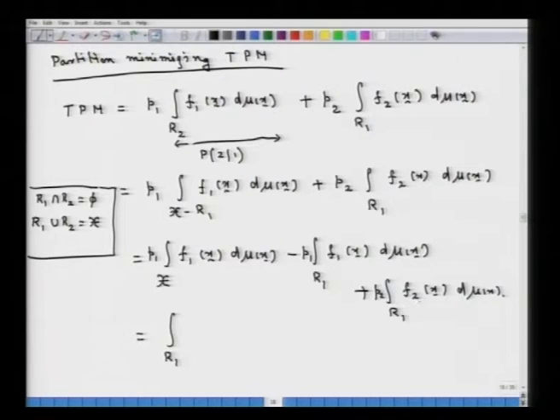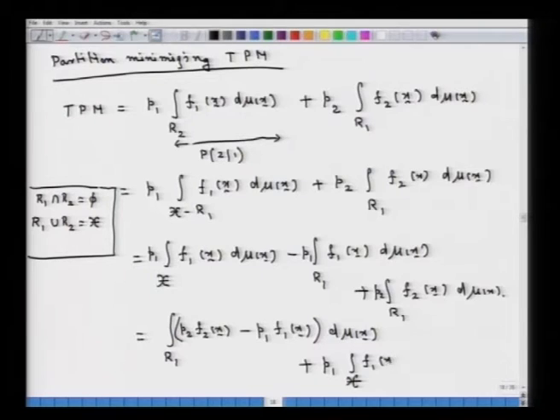Let us look at this third term first. This is P2 f2(x) minus, over the same region R1, P1 f1(x) times d mu(x), and then we have the first term, which is P1 times the integral over the sample space script X of f1(x) d mu(x).